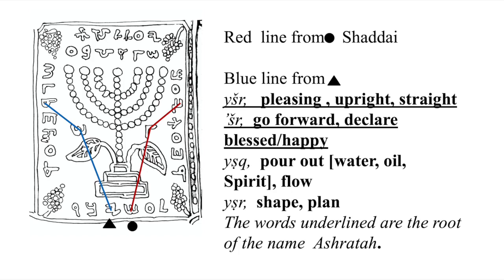And so reading that up from the bottom, it can either be pleasing or upright or straight, or it can mean going forward or declaring blessed or happy. Wisdom texts often begin with an exclamation formed from these words.